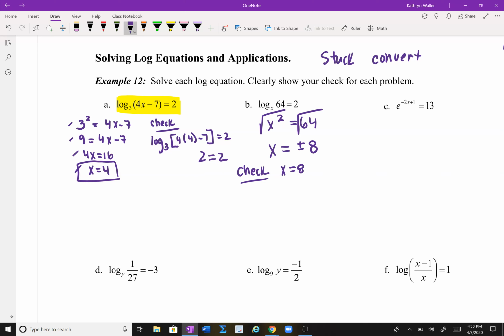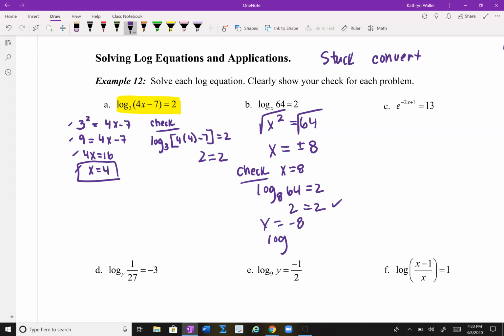So let's check 8. Write down the original problem, and right where you see an x, put in your 8. So the right-hand side is done. Put the left in your calculator. So go log 64, close it off, divided by log 8, close it off, hit enter. You get 2 equals 2, totally checks out. How about x equals negative 8?